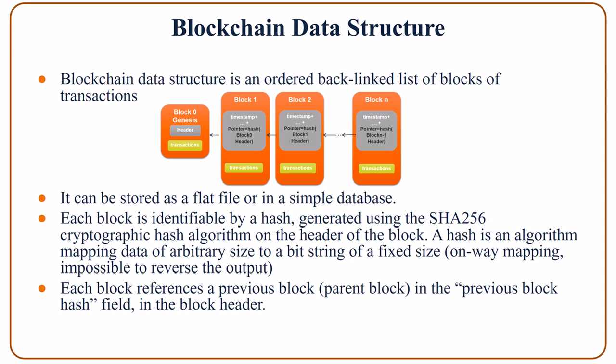Each block is identifiable by a hash, and the hash basically is an algorithm that maps data of arbitrary size to a bit string of a fixed size, and this is one-way mapping.